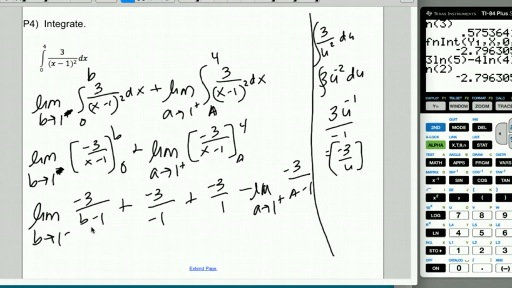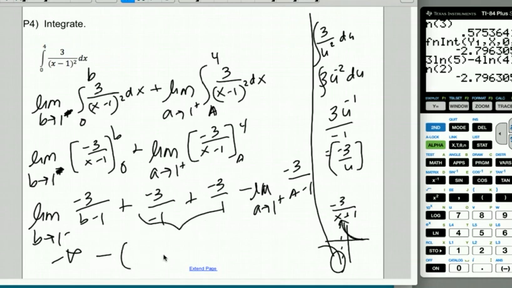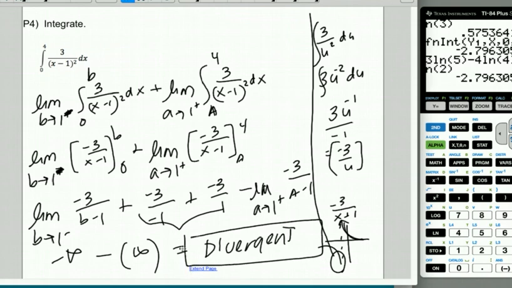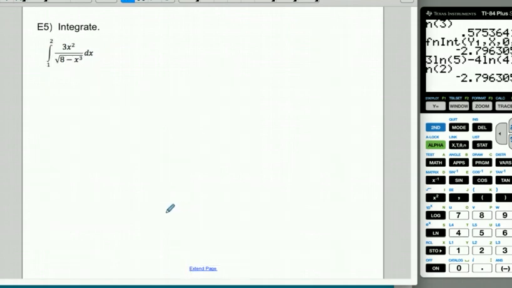So what's going to happen here is that, again, we're looking at a vertical asymptote. If you look at what negative 3 over x minus 1 looks like, it's got an asymptote at 1, and it's going to look like this. So this side's approaching a negative infinity. These two sum to 0. And then this side's approaching a positive infinity, so that's going to be minus a positive infinity. So it's going to be divergent. But again, the second you have infinities involved, you're looking at something that's divergent.